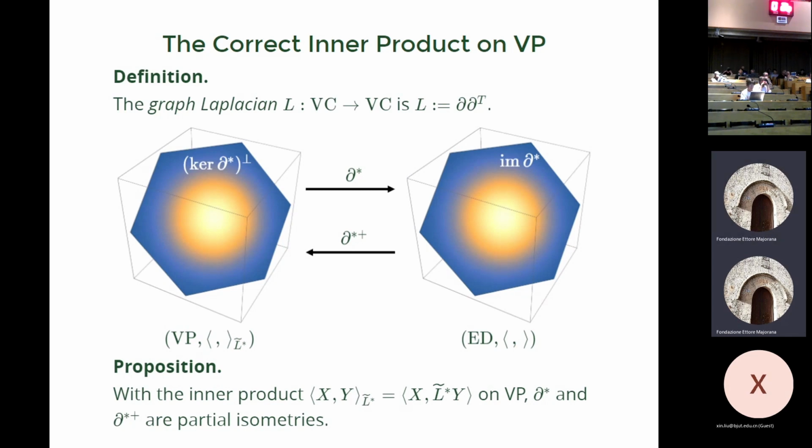And what is that inner product? Well, it's defined in this way. The inner product of x and y is going to be the usual dot product of x, not with y, but with some linear transformation of y. And what's the linear transformation? Well, it's going to be L star, which is induced by the graph Laplacian.